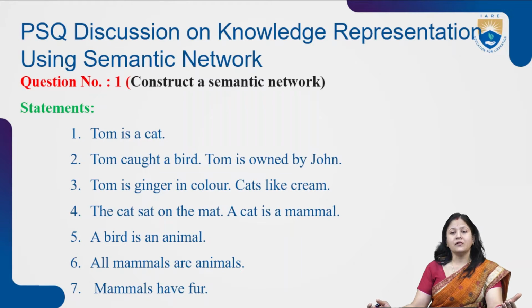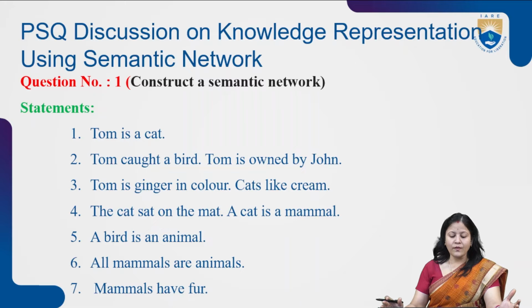Knowledge can be represented in the form of a semantic network, which I'm going to discuss today with a few examples in this video. It can also be represented in the form of frames, or using case grammars. Anyways, let me discuss the semantic network.